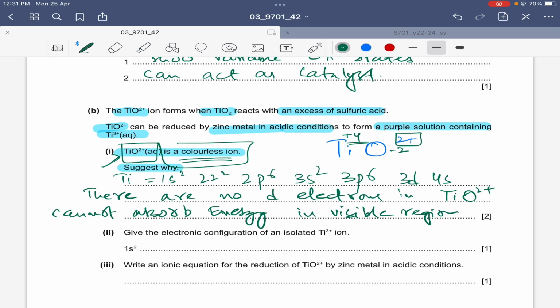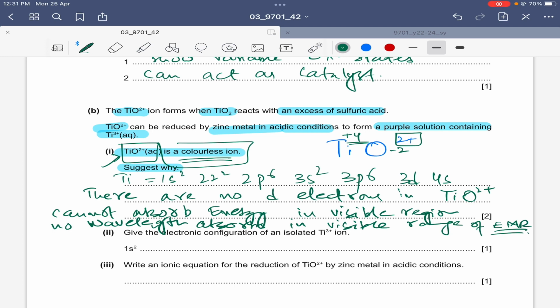So no wavelength in the visible range of electromagnetic radiation is absorbed, right? So that's why TiO2 plus does not give a colored solution.